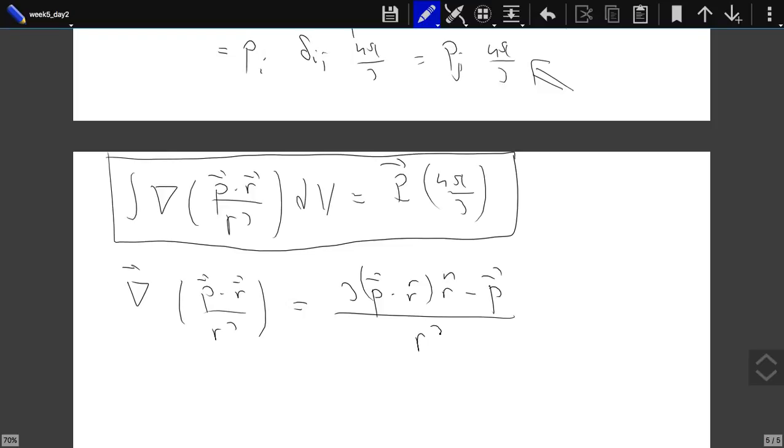In fact, not even over a sphere, over any surface. You see, the right-hand side should be the electric field of a system that has... no. The right-hand side is 0 over a sphere.